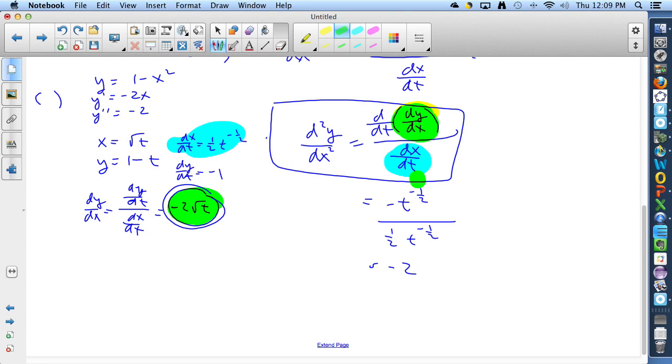I have to take the derivative of that with respect to t. So it actually behooves us to make sure we have the derivative of y with respect to x in terms of t. And then when we take the derivative of that again with respect to t in the numerator, we just need to remember we also have dx over dt in the denominator.